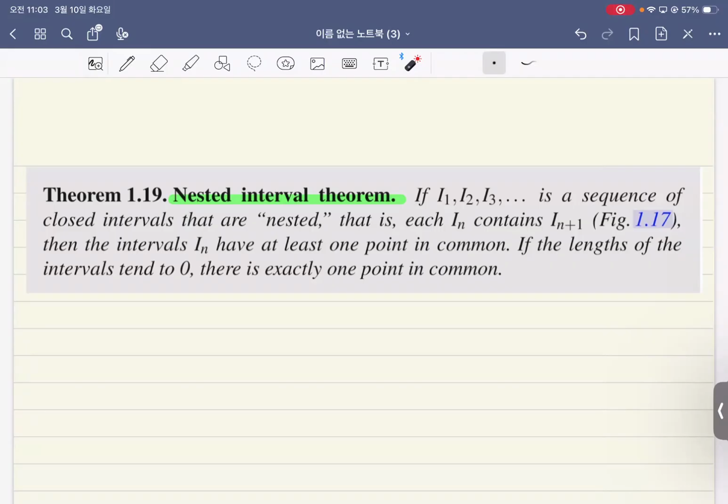All right. And it says then the intervals In have at least one point in common.